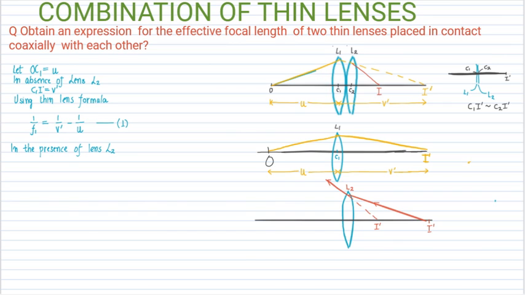Let me just write down here. In the presence of the lens L2, first of all, this I dash will act as your object. The image I dash acts as a virtual object.